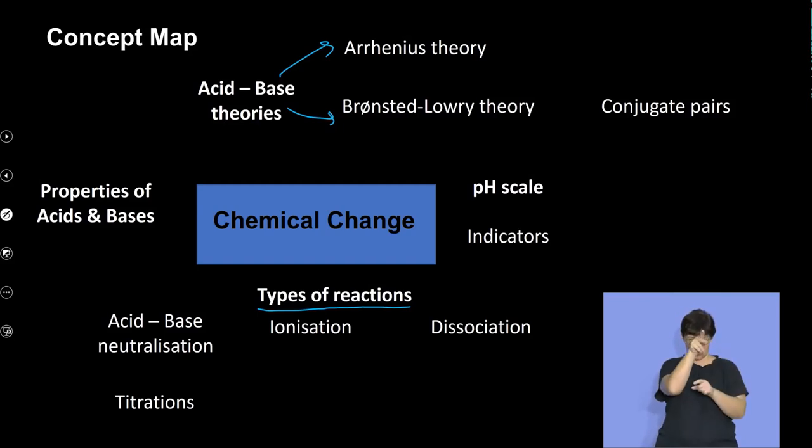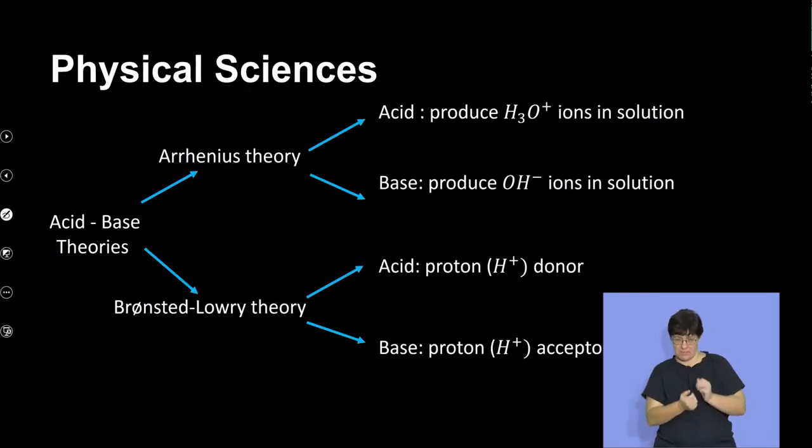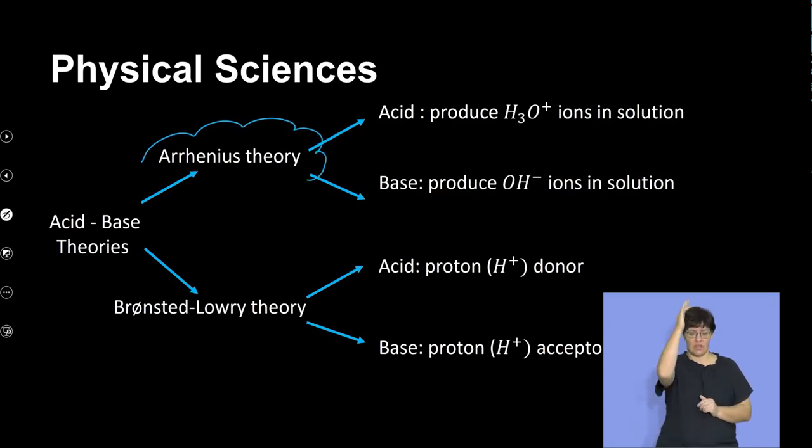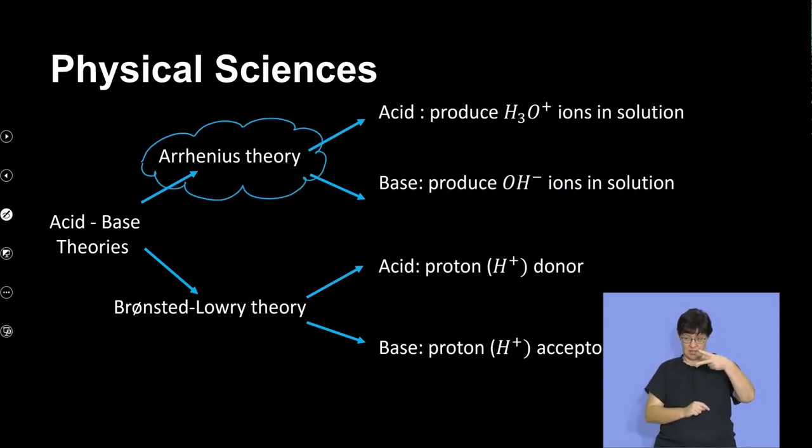Now, without any waste of time, let's look at some of the key concepts around acids and bases. We've identified the two broader theories. If you look at an acid or a base, you can describe it based on one of the two theories.